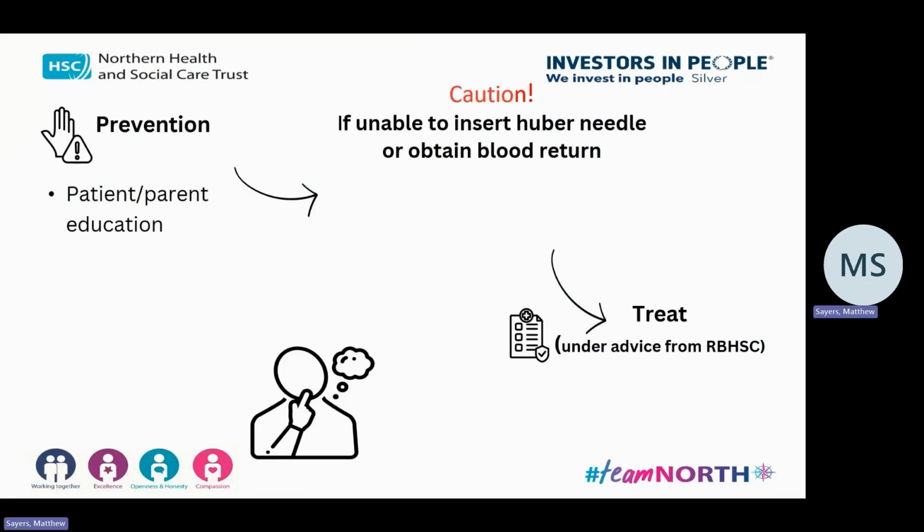What we're always thinking, the whole team, is about preventing problems, and caution when we're accessing it and when we need to treat. So prevention, at the Sick Children's and on the ward, the parents become the expert, and so they are normally very well educated already about what to look out for and how to care for the port.